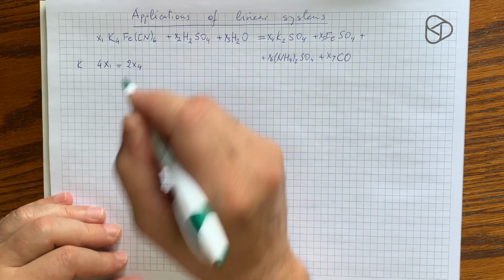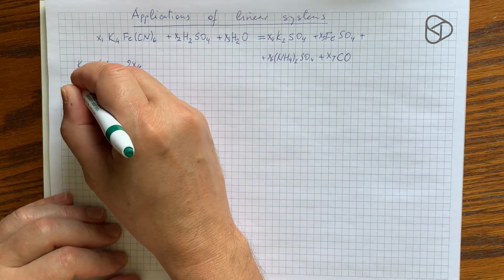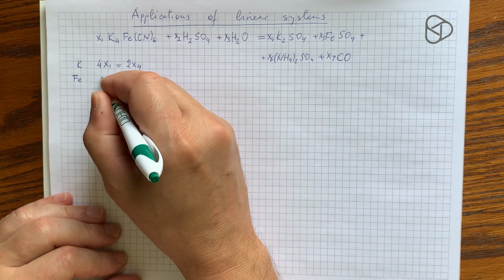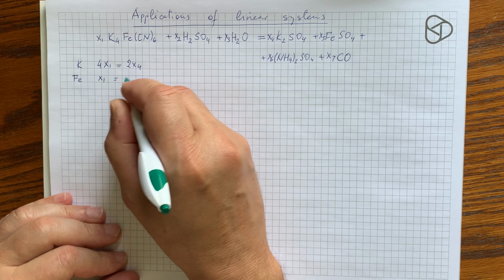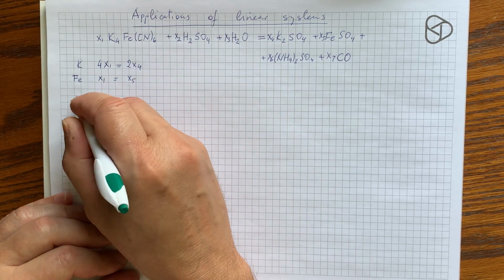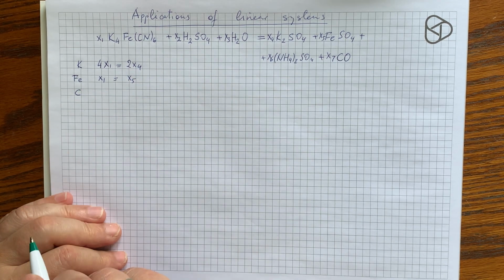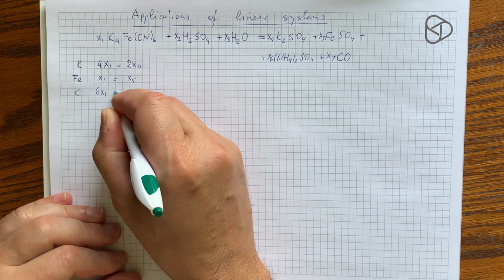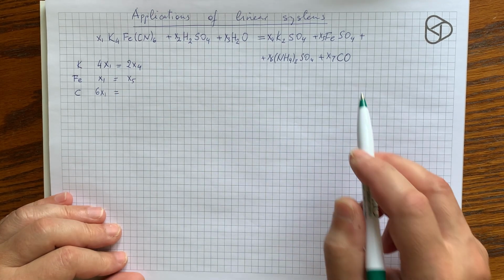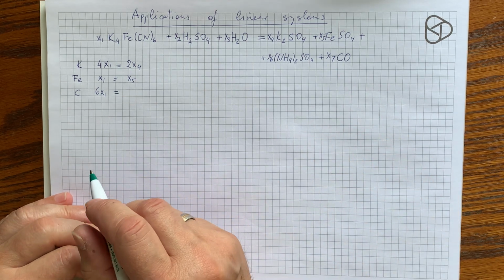2X4. For iron, we have just X1 matching with X5. For carbon, we have 6 X1 on one side and then X7 on the other.